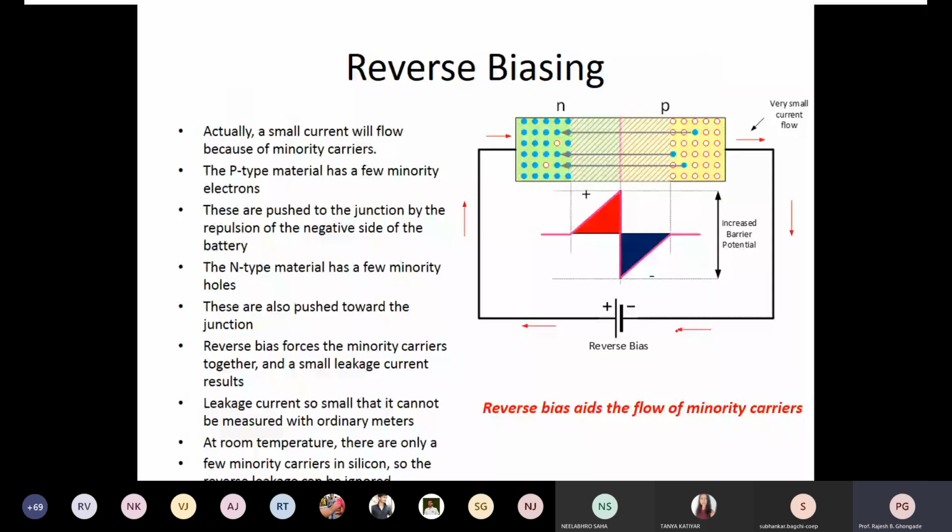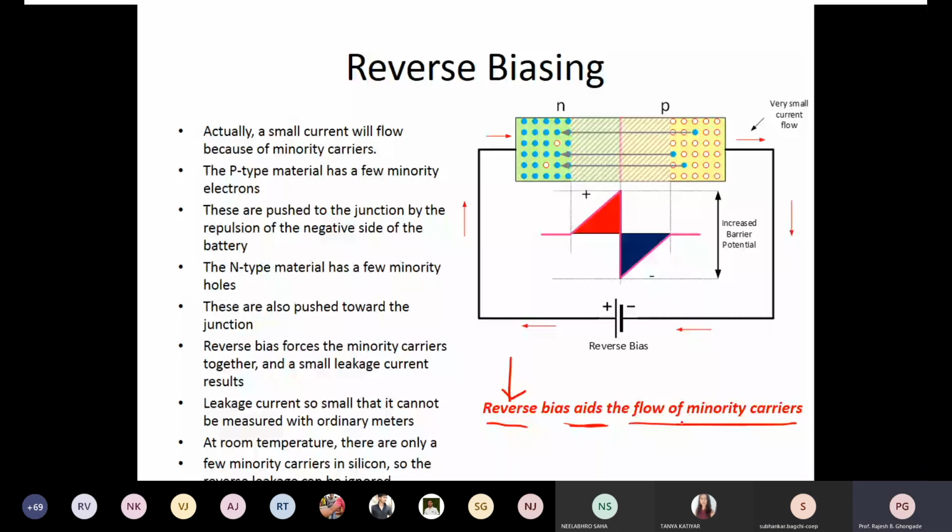Here it is. What does it say? Read this, all of you. Reverse bias aids the flow of minority current carriers.